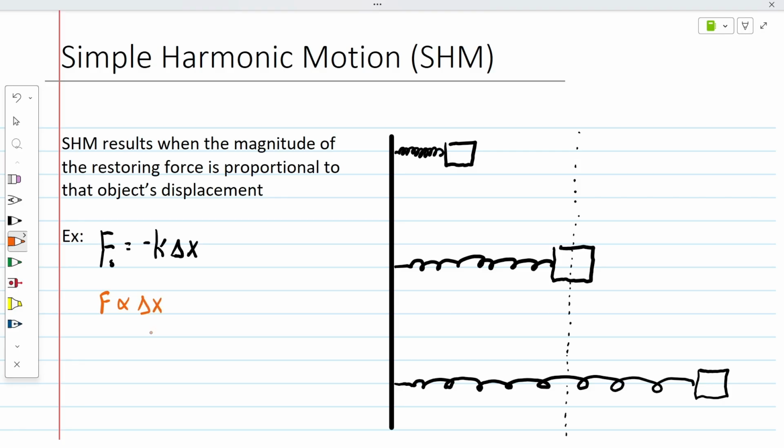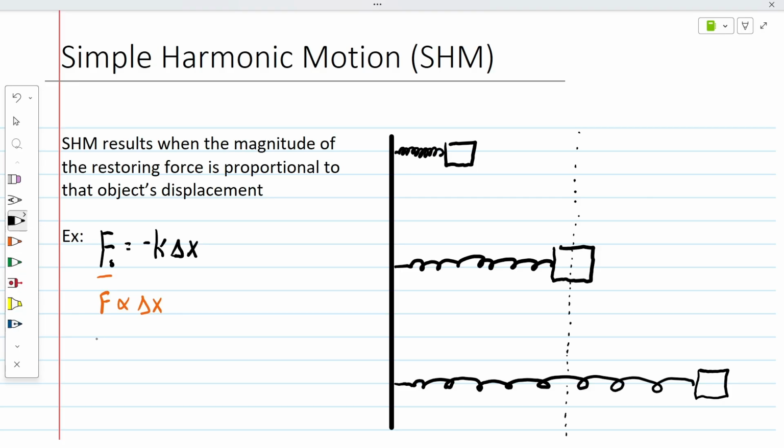Okay, and so we can use this to derive some understanding of velocity and acceleration in a system where we have simple harmonic motion, as shown over here with the springs. If the force of the spring is the only force and it's proportional, and there are no other forces like friction causing it to slow down, in this ideal case, the spring force is going to be the net force of the system.